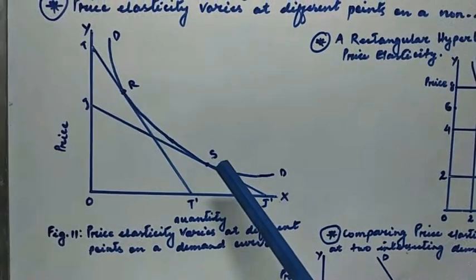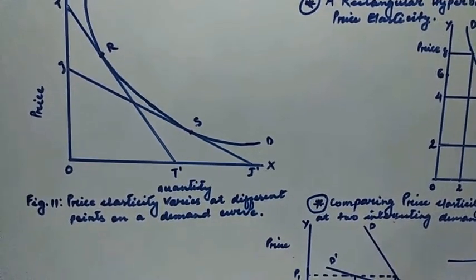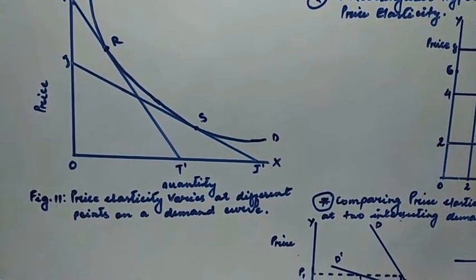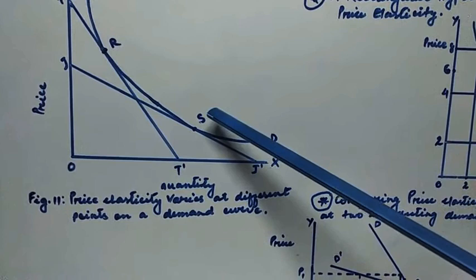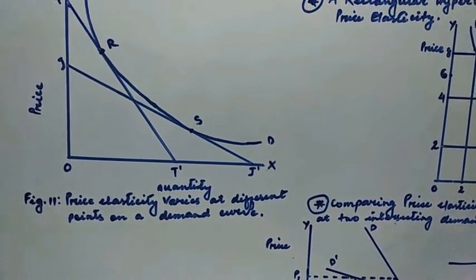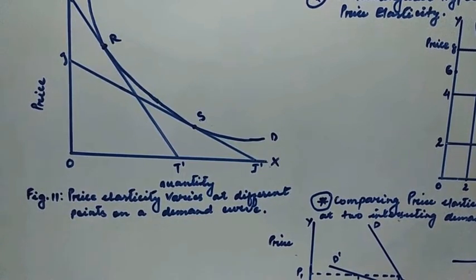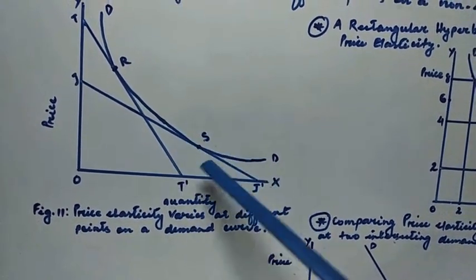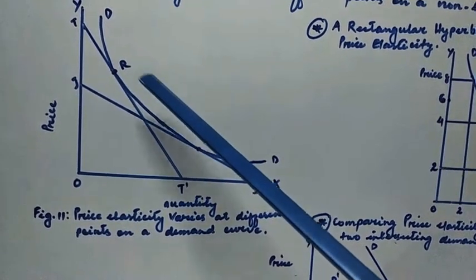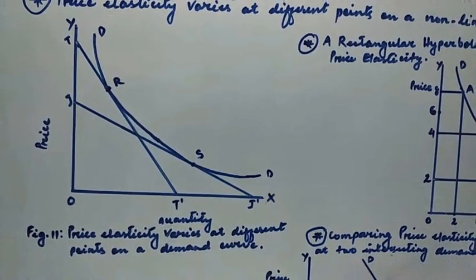So what we can conclude from this is that price elasticity at point S is less than that at point R on the demand curve DD. Price elasticity is less than 1 at point S, and price elasticity at point R is greater than 1.